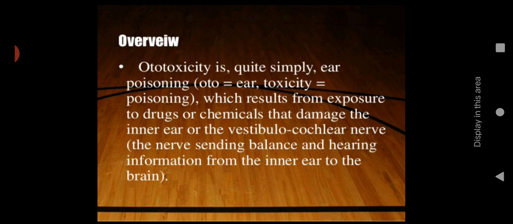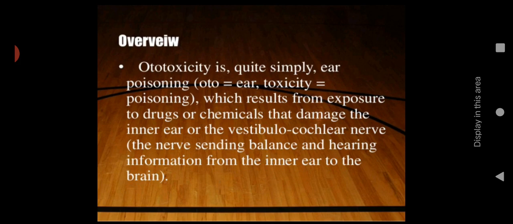Then if we are exposed to drugs or chemicals that damage the inner ear, it will damage the inner ear and also the vestibulocochlear nerve, the nerve sending balance and hearing information from the inner ear to the brain. So one function of the vestibulocochlear nerve is sending the information regarding balance and hearing of the person to the brain.